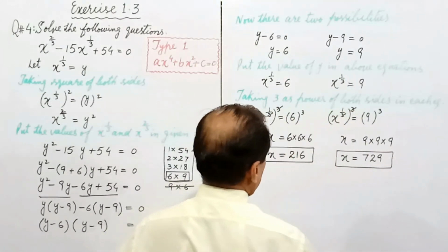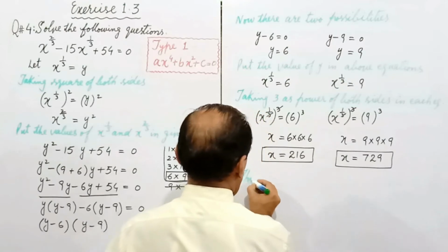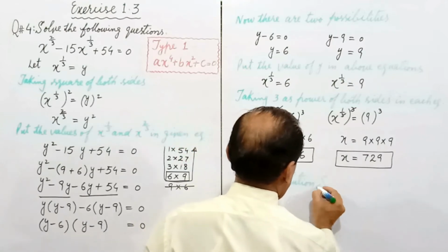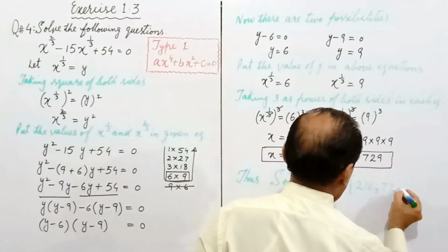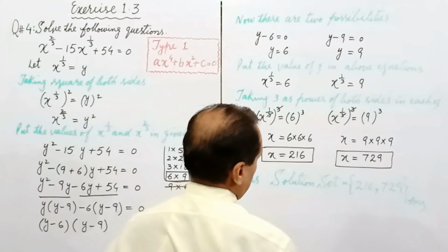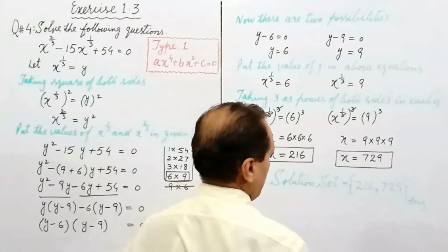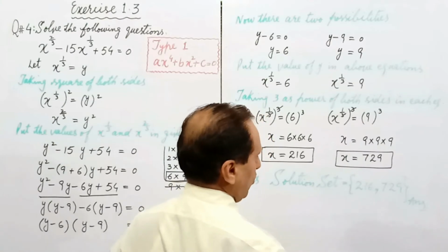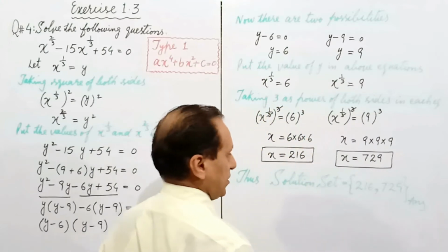Thus, the solution set is 216 and 729. That's it for question number 4, which is of the form of type 1 equation, which we reduced to the quadratic form and found its solution set.